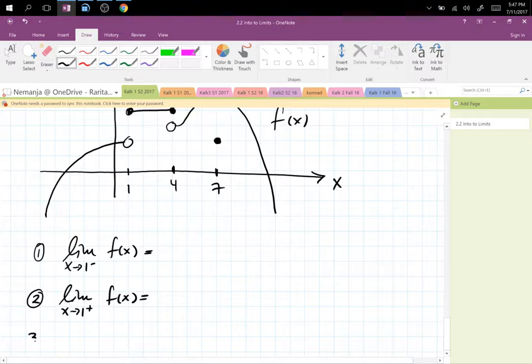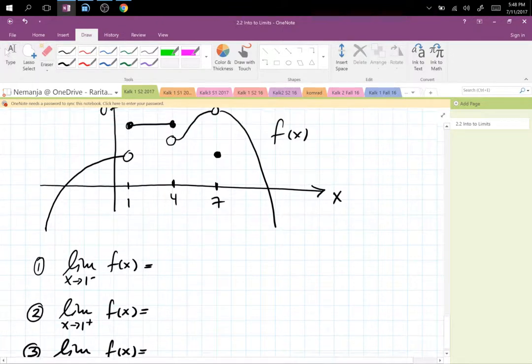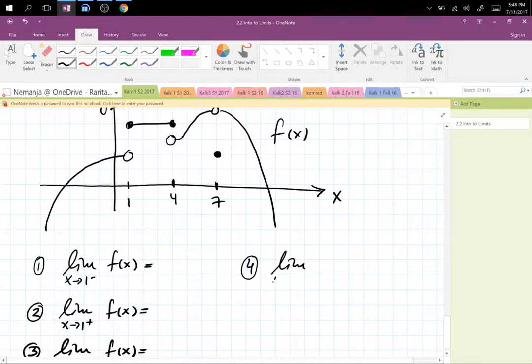I gotta write it here. And then we have question number 4. What is the left limit? x goes to 4 minus, right? Left limit. Number 5, limit as x goes to 4 plus.